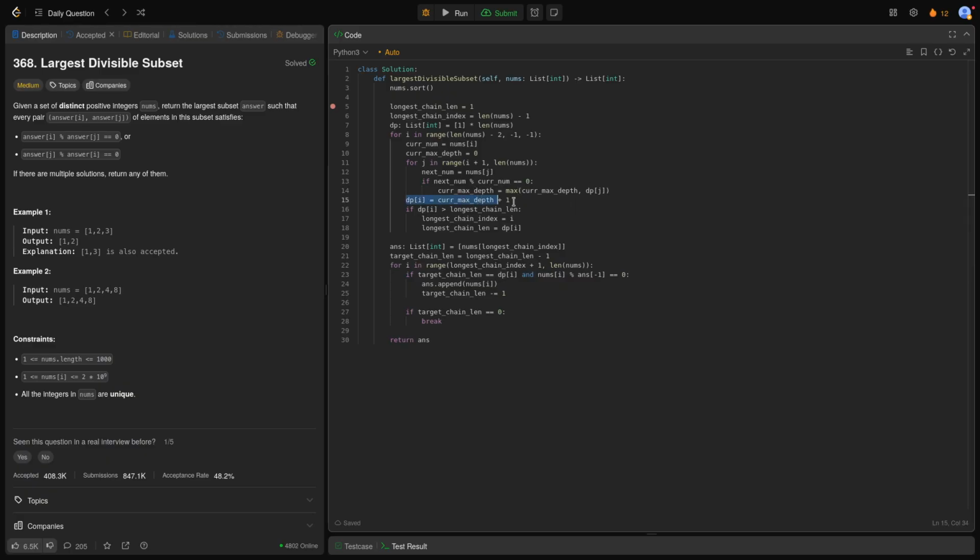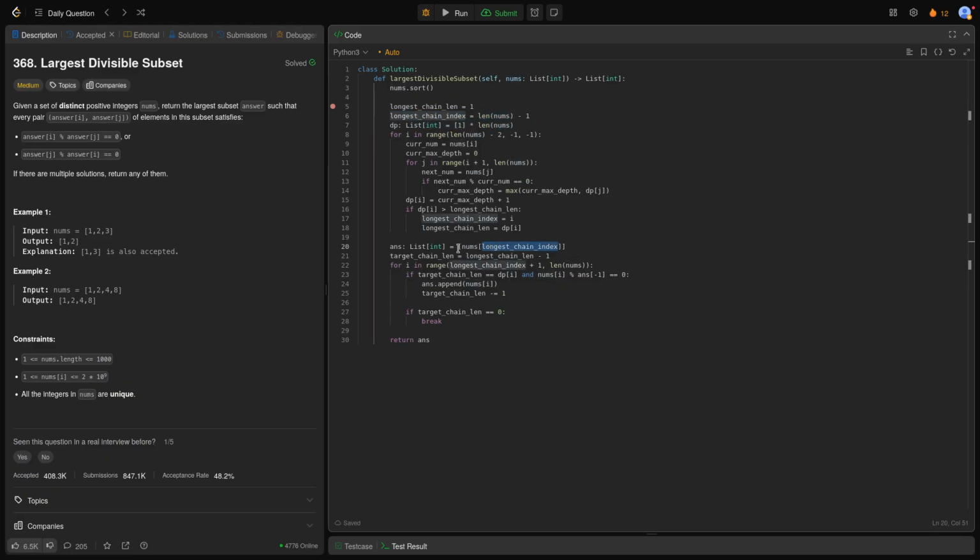And then after we iterate through and we found the maximum size subset, we will add 1 because we're adding the current element to it. And then this is just a little bit of help for here, which I'll explain later. And then when we're initializing our answer, we want our starting point. And instead of iterating to it, I'm storing the longest chain length and the longest chain index.